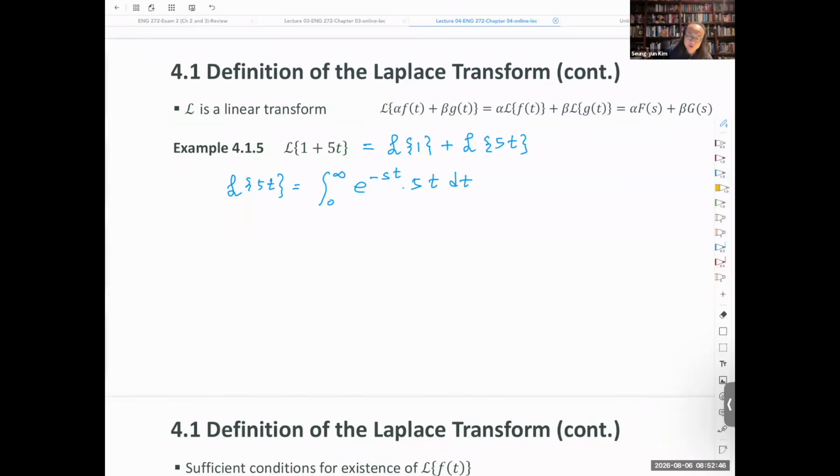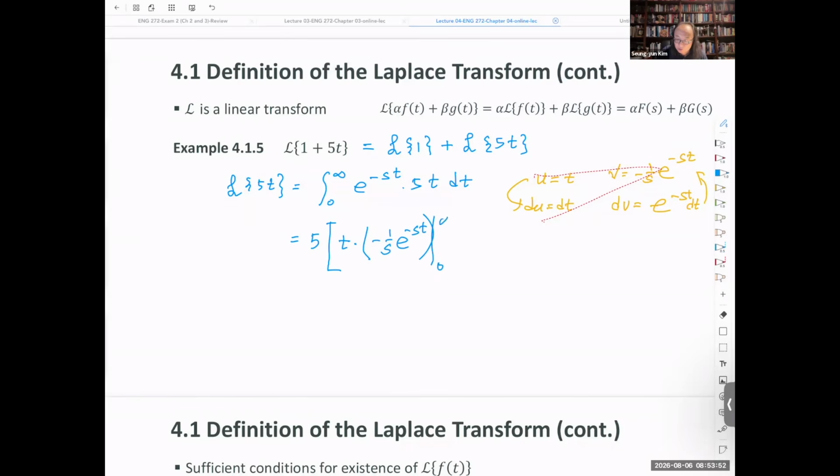So this is integration by parts. I'm going to let u equal t, and then dv equals e to the negative st dt. From here, v equals negative 1 over s e to the negative st, and du equals dt. So that is uv, t times negative 1 over s e to the negative st, going from 0 to positive infinity, and then minus the integral from 0 to positive infinity of v du, negative 1 over s e to the negative st dt.